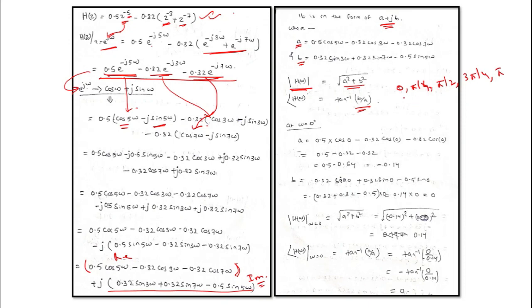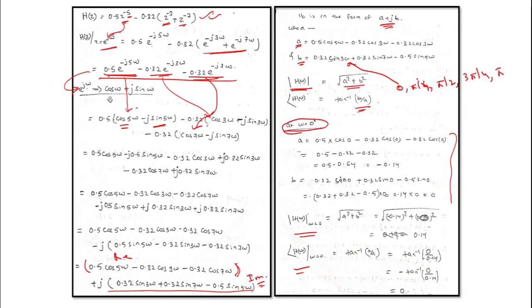You put these values in these equations, for omega equal to 0 you calculate all the values, then from there you can calculate modulus of H omega and phase of H omega.